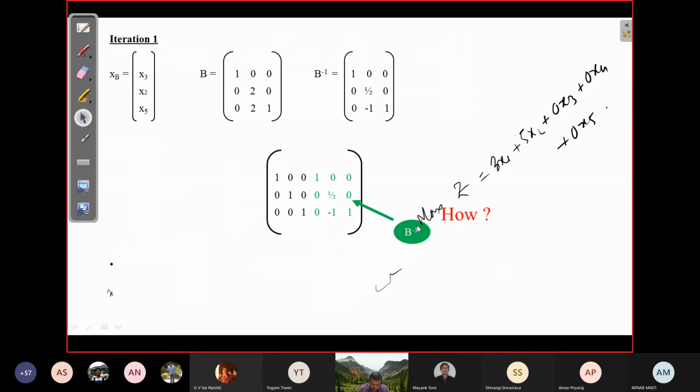Suppose we have a new base, say we are now considering the base x3, x2, x5. For this base, we are interested only in the solution, that is, the corresponding BFS, basic feasible solution.